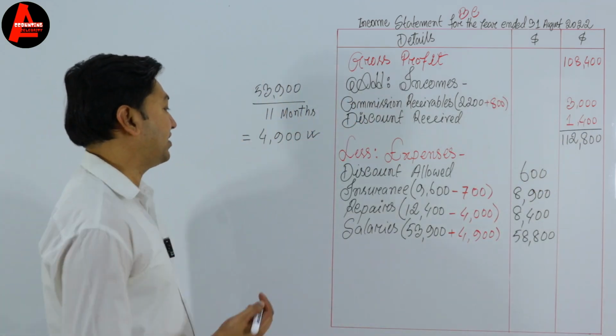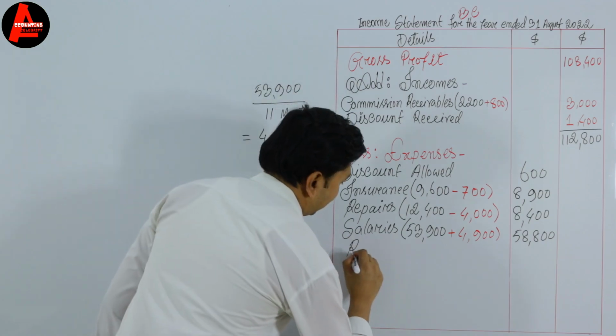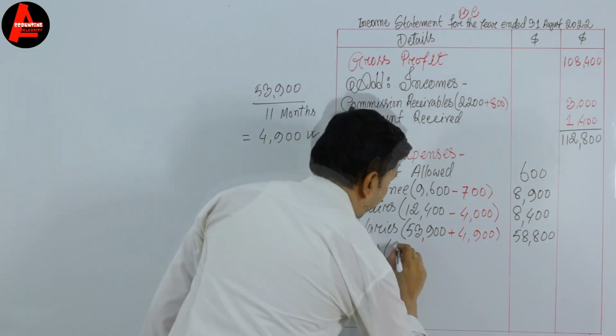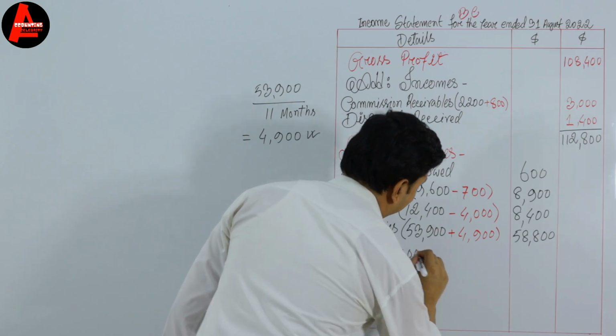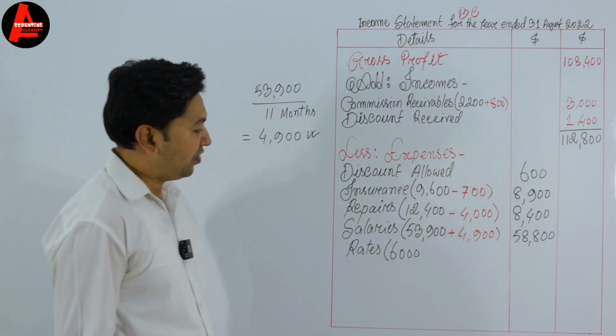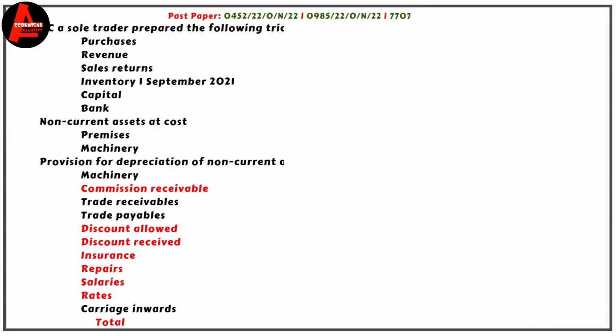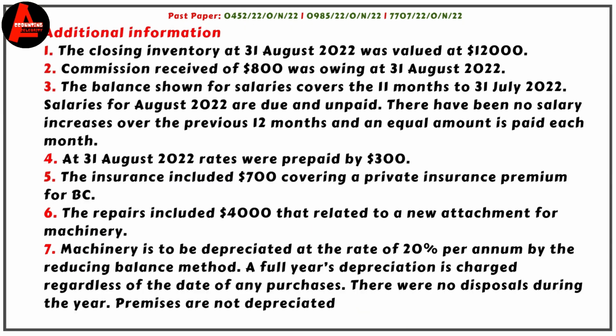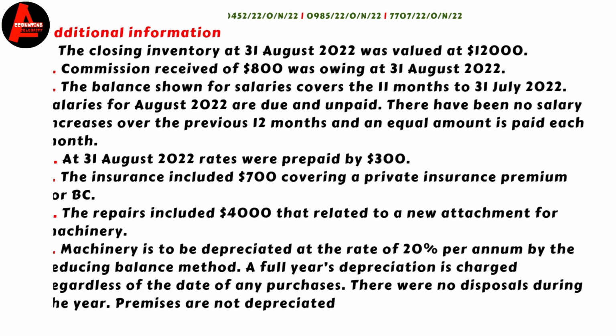Great. Then our next expense is rates. So in the question the amount is $6,000. Again we have an adjustment with rates. So number 4. At 31st August 2022, rates were prepaid by $300. Prepaid, advance, same thing.